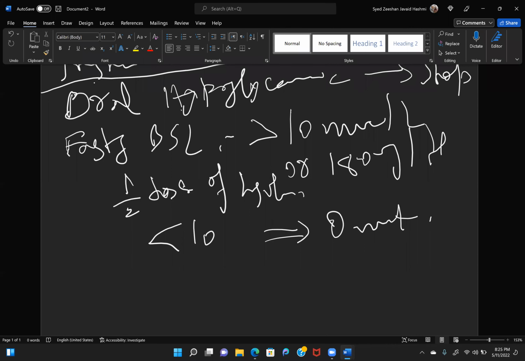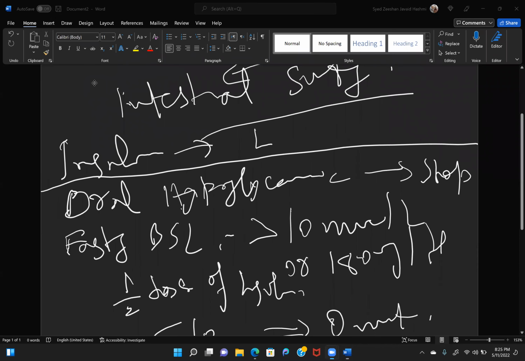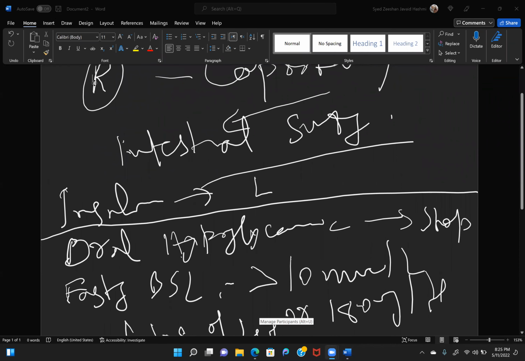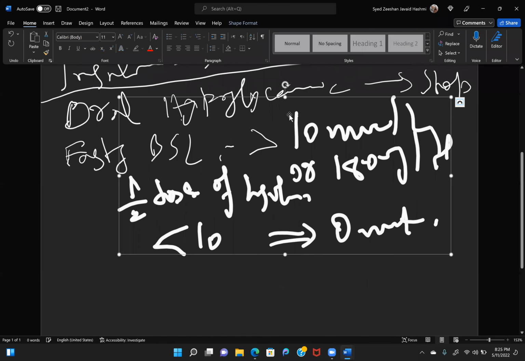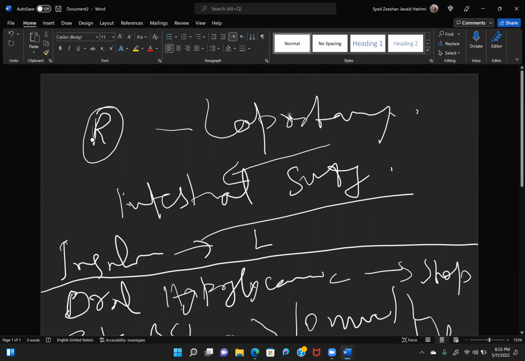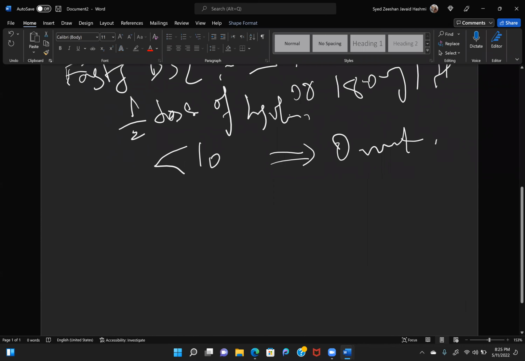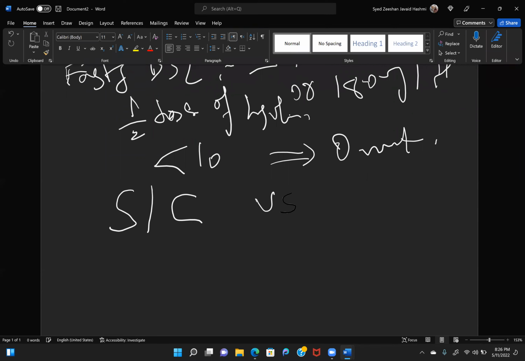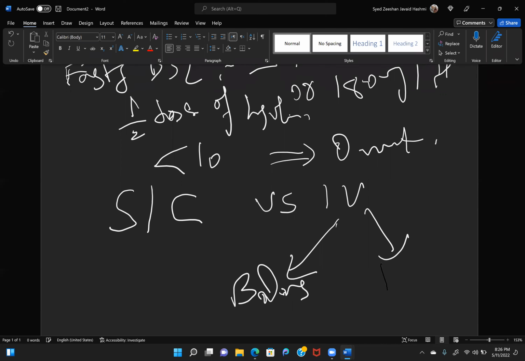Any disagreement? No, sir. Okay. So now the other question is how will you give it? Whether you give subcutaneous versus IV, and in IV, bolus versus infusion.